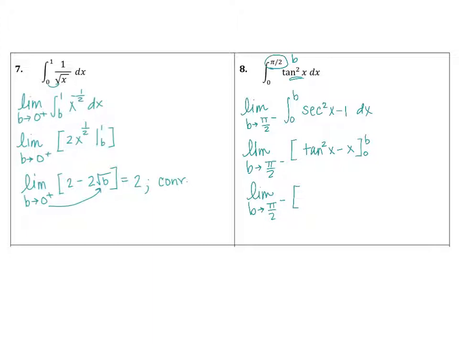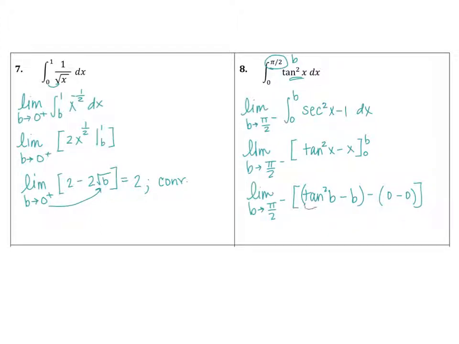Well, tangent at pi over 2, that's going to tend toward infinity. But let's go ahead and write it out. We've got tangent b minus b. There's our first part. And then minus tangent of 0. Well, tangent of 0 is still 0. Minus 0.